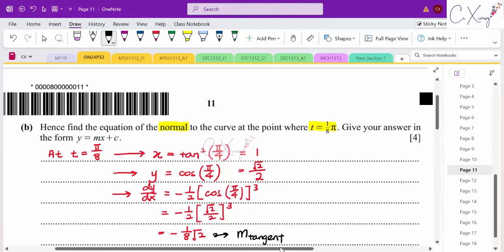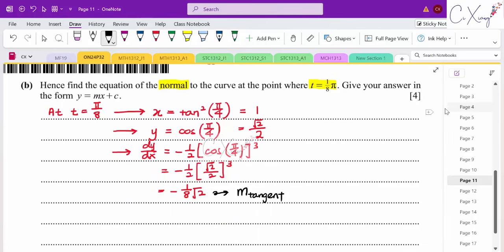But in this question, they are asking us to find the equation of the normal. So we have to recall the relationship between the normal and the tangent. They are perpendicular to each other. Therefore, the gradient of the normal multiplied by the gradient of the tangent should equal negative 1.